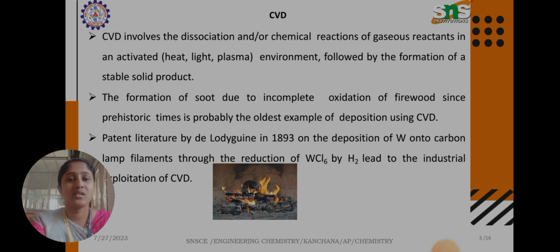The formation of soot due to incomplete oxidation of firewood since ancient times is probably the oldest example of deposition using chemical vapor deposition. Patent literature by Lodyguine in 1893 on the deposition of tungsten onto carbon lamp filaments through the reduction of tungsten halide by hydrogen led to the industrial exploitation of chemical vapor deposition.